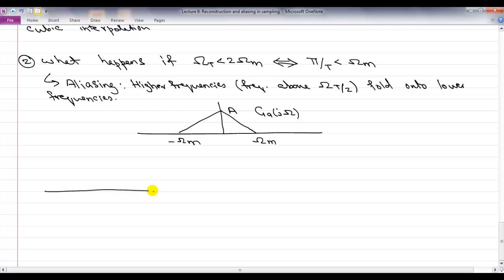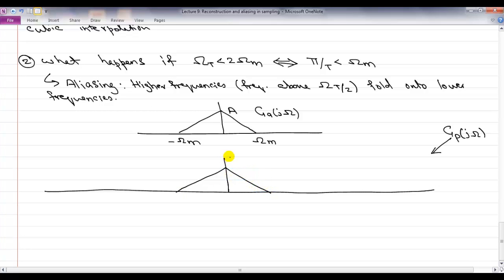So what happens, and to look at that, we'll look at again this GP of j omega, this impulse sampled function, if you want to call it. So by now you should be becoming an expert in how to figure out what it looks like. The height gets scaled by 1 over t. You get multiple copies. The first copy is at 0, so it exactly looks the same. The second copy is at omega t, so 2 pi over t.